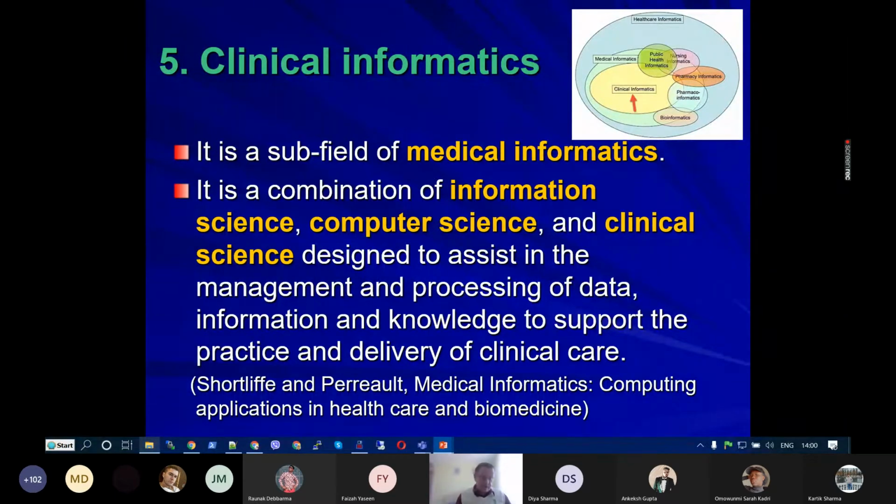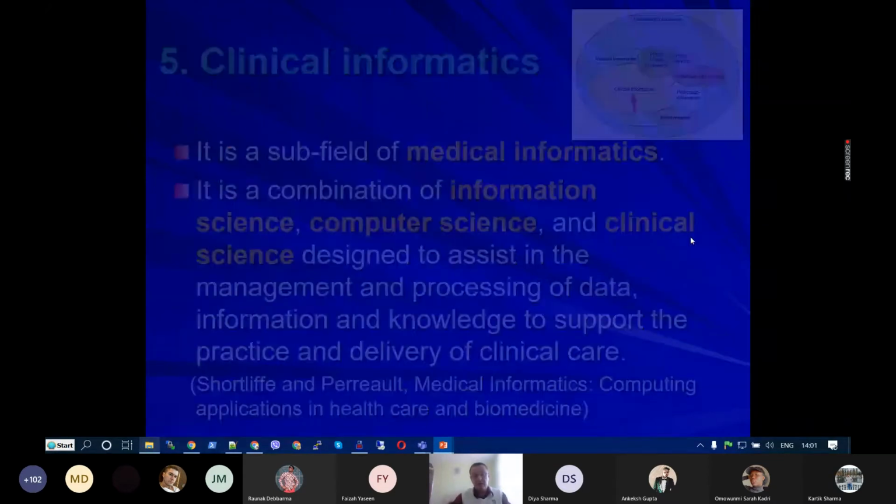It has to be seen as a subfield of medical informatics, and it's a combination again of information science, computer science, and clinical science, designed to assist in management and processing of data, information, and knowledge to support practice and delivery of clinical care in clinical facilities, for sure. So we are limited to clinical facilities here. So it's this internal ellipse in yellow, you see, in the given Venn diagram.